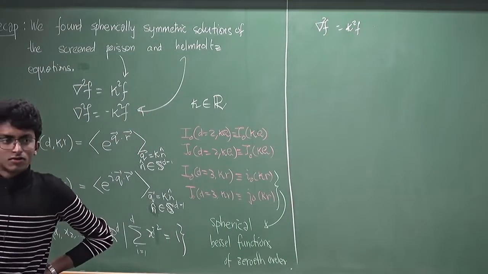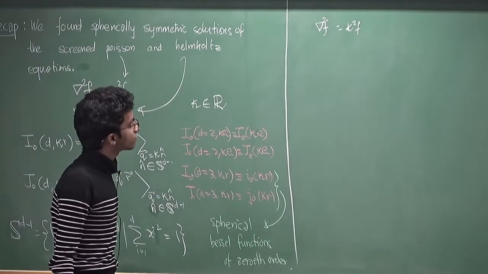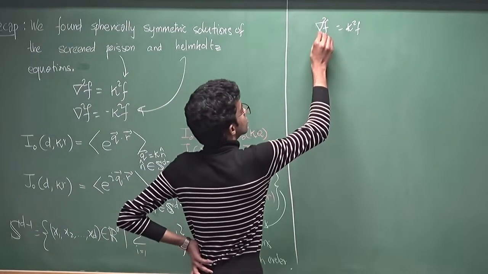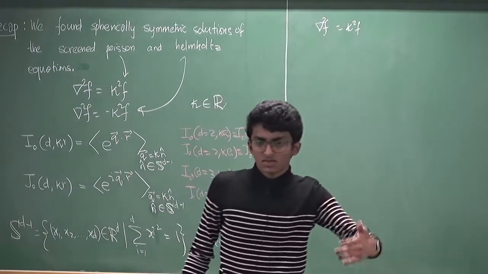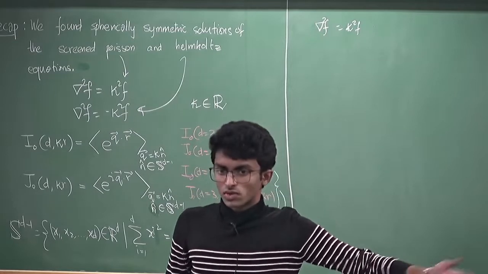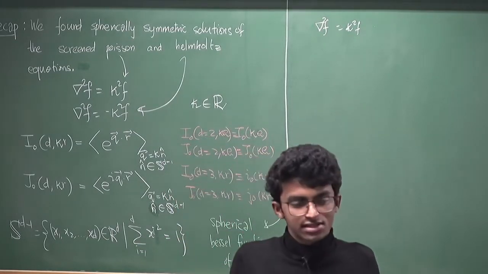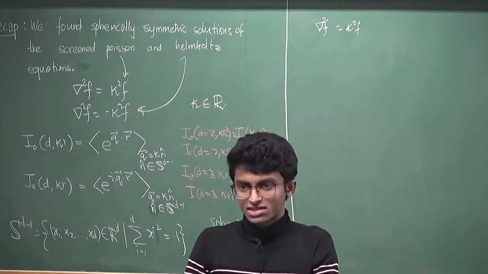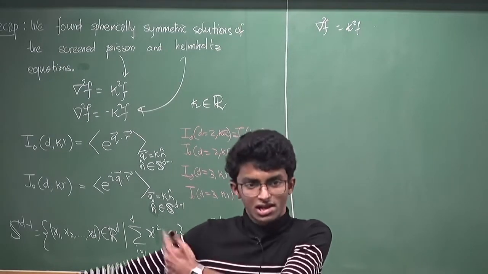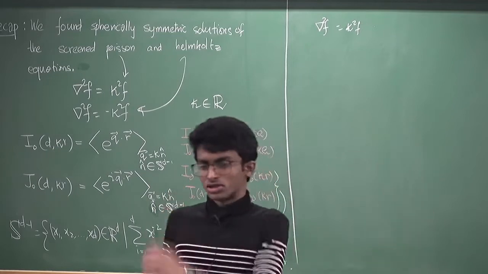First thing to notice is that grad squared is just del x squared plus del y squared plus del z squared, say in 3 dimensions. Now that operator commutes with del x, right? Because del x acting on grad squared on f is the same as grad squared acting on del x on f. Because del x goes through all these partial derivatives, it commutes.